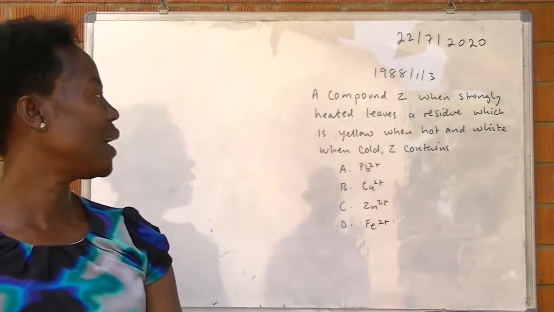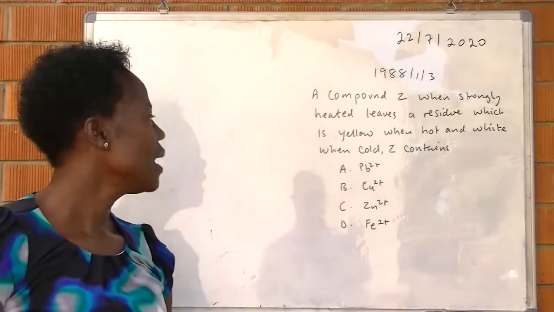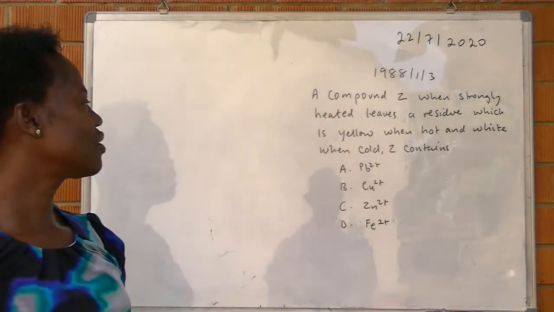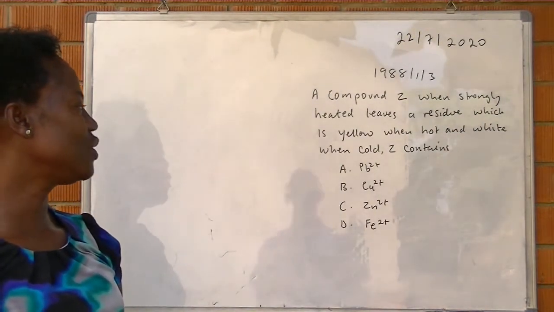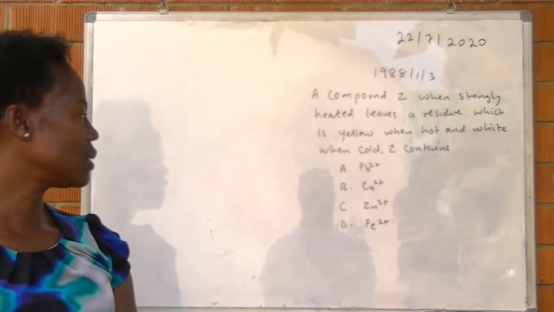Example 2 is from 88, number 3, paper 1. A compound Z, when strongly heated, leaves a residue which is yellow when hot and white when cold.